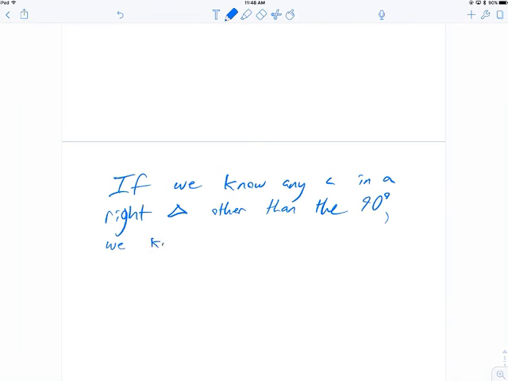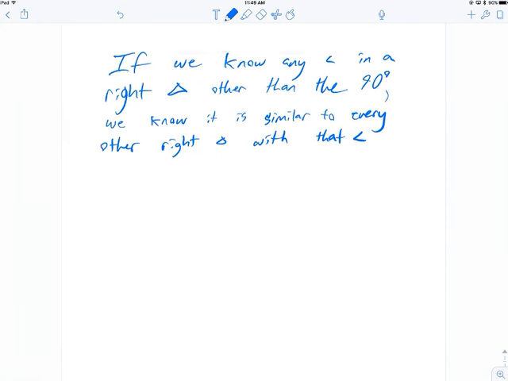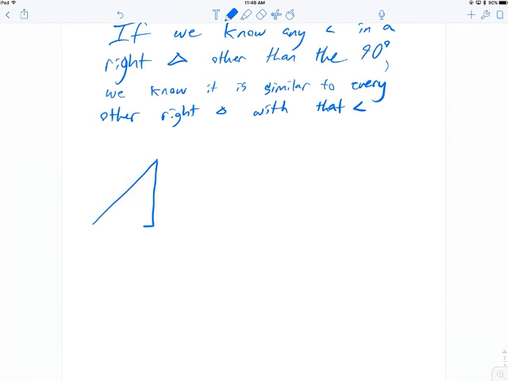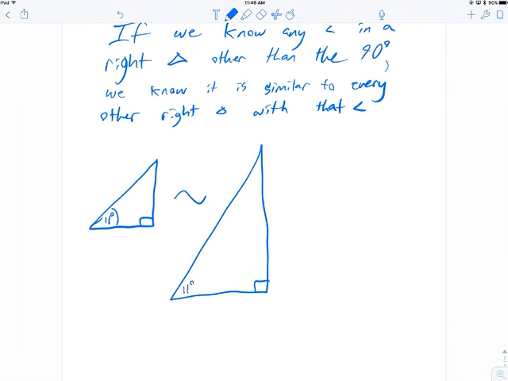We know it is similar to every single other right triangle with that angle. So what I mean is, if I come across a right triangle with an 11-degree angle here, and I know it's a right triangle, well, that's similar by our AA similarity. We know that's similar to every single other 90-degree triangle that has an 11-degree angle in it.